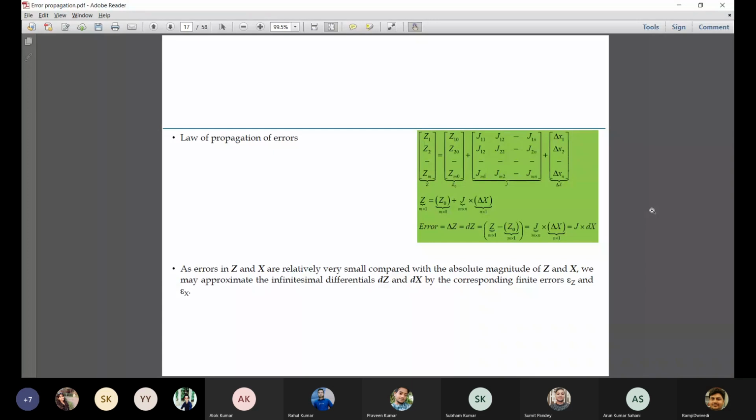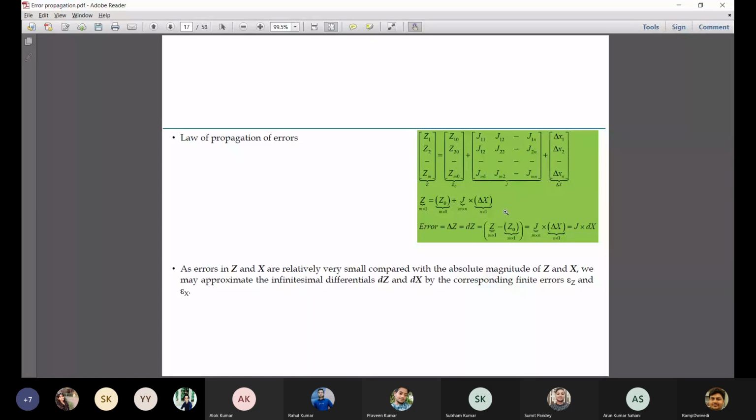This is wrong, it should be a cross here, not a plus. Just understand that it is a J matrix, and then it is multiplied by delta x. The dimension should be m cross n, and the delta x vector would be n cross 1.